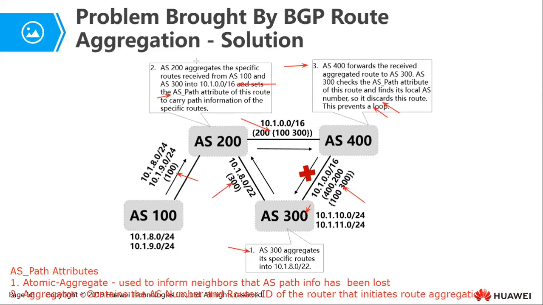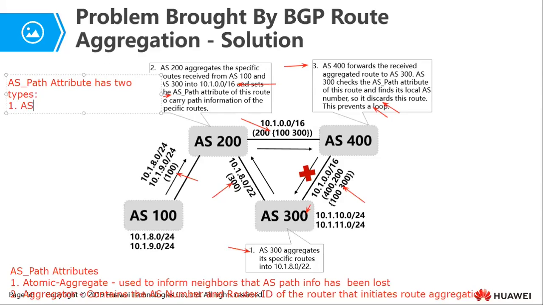So that is how the loop is prevented from occurring. Now, the AS path attribute has two types.